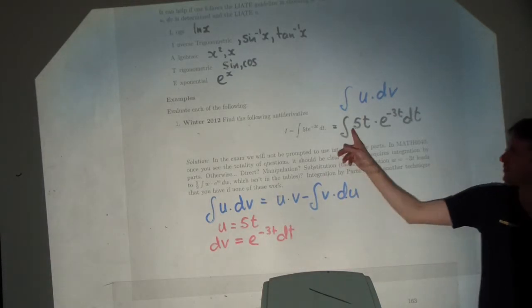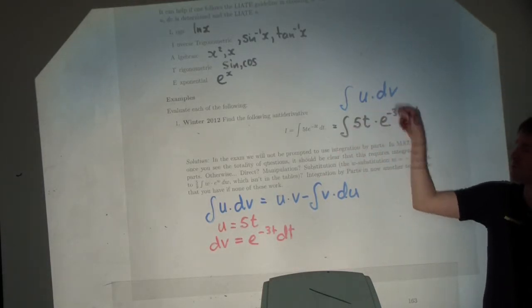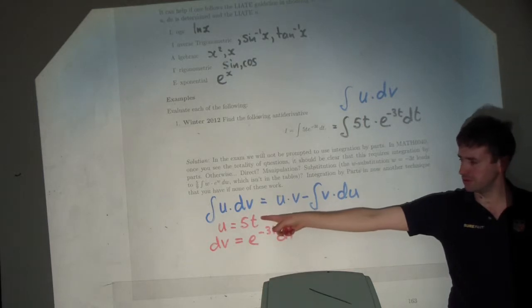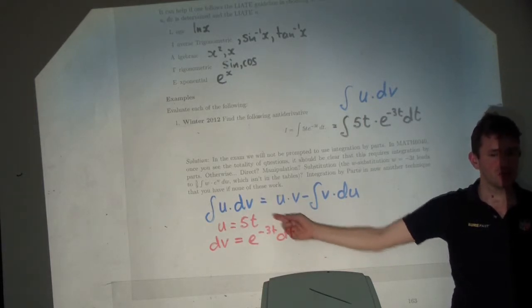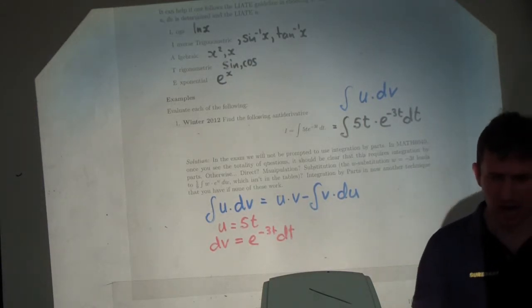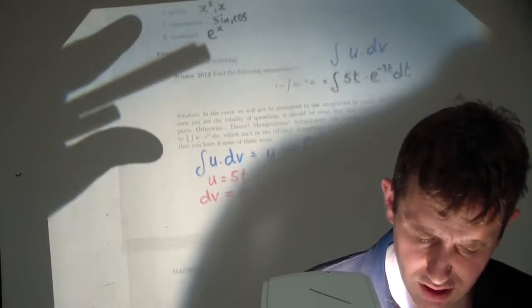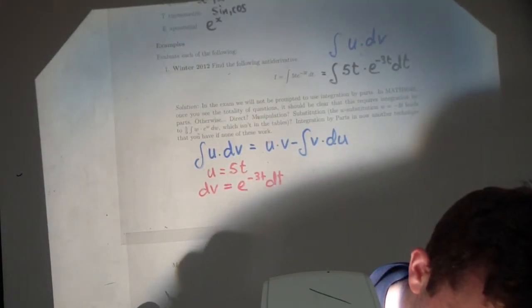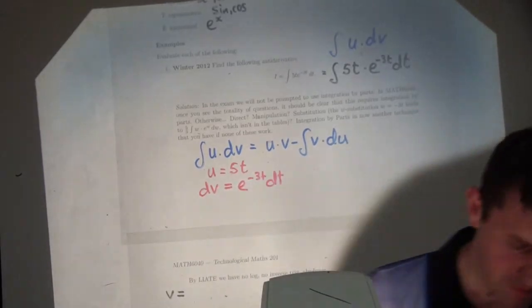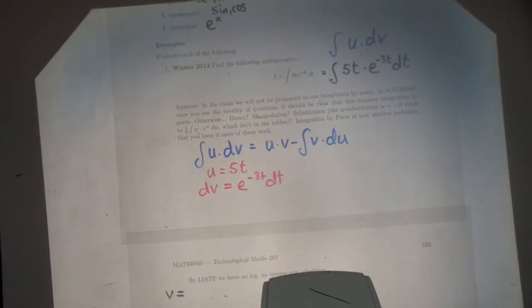So we've got this 5t e to the minus 3t, which is our u dv, equal to u. We have u. Question: how do we get v? You antidifferentiate, integrate.